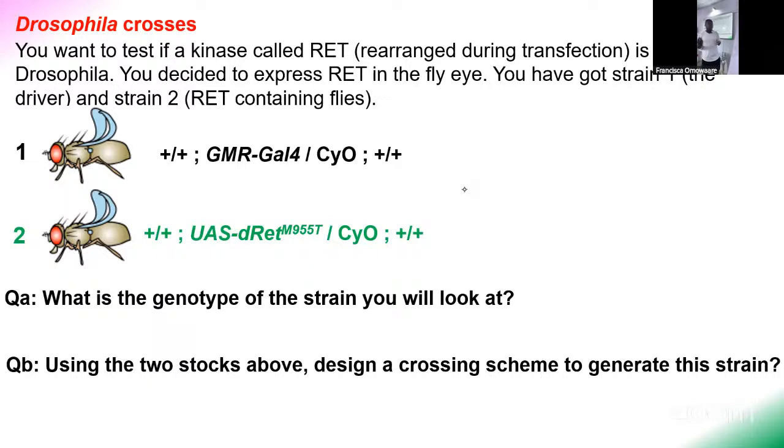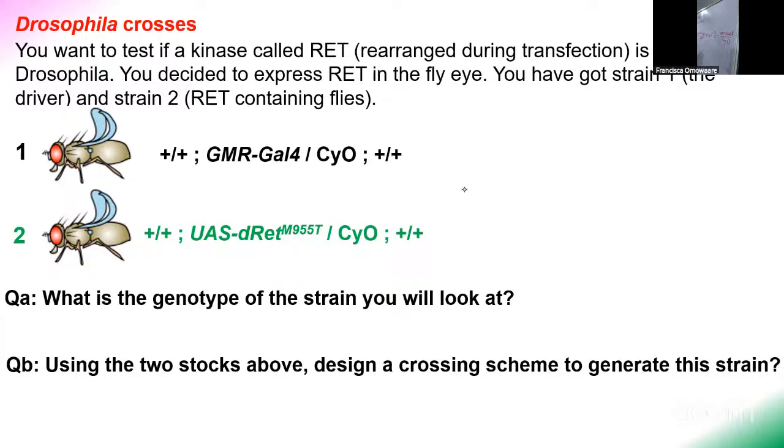Ideally, you can use a female of your GMR GAL4, so that's plus over plus, GMR GAL4 over curly. Then cross that to a male, so that's plus over Y, UAS red over curly.